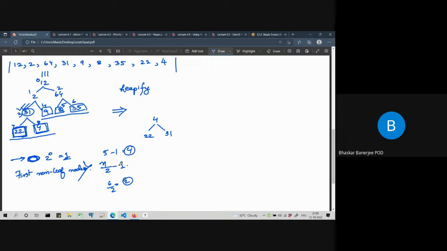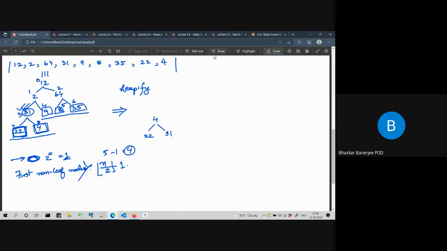You do not have to take the ceiling; you can take the floor, that means the normal operation, n by 2 minus 1. You just take care of this, but the whole point is that it would be n by 2 minus 1. That's the whole idea, and that's how we are getting it.